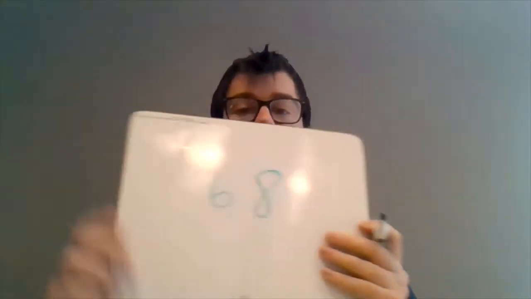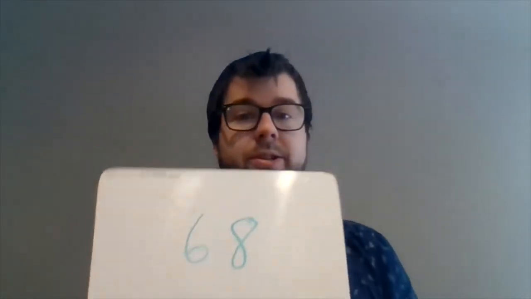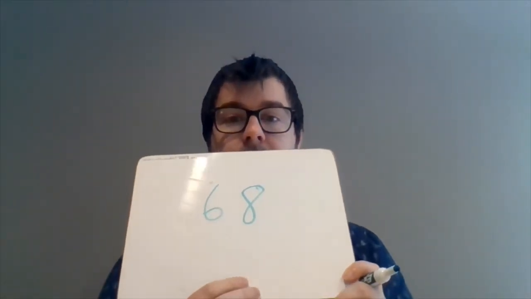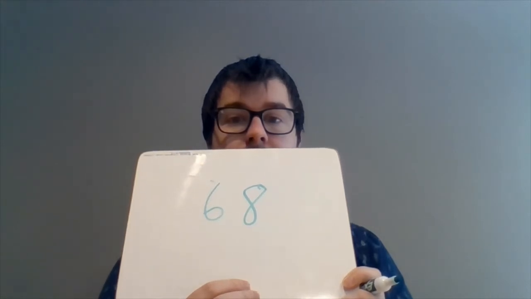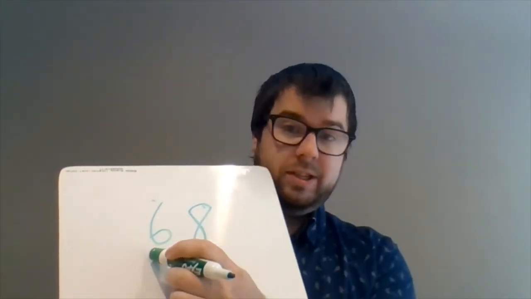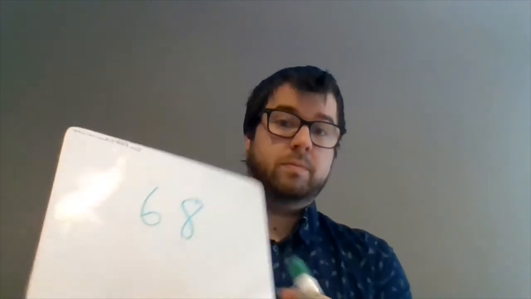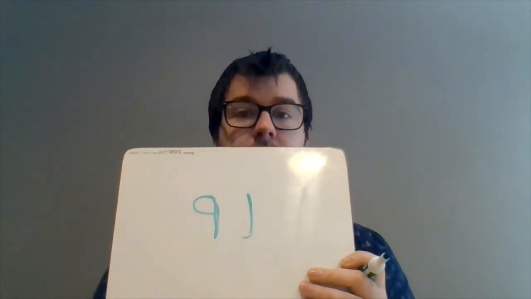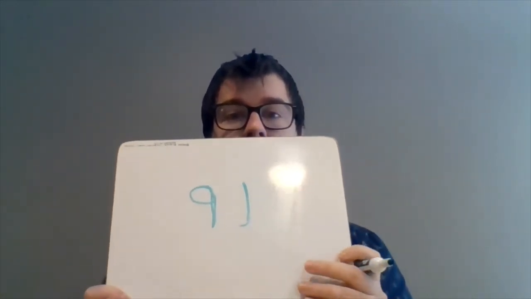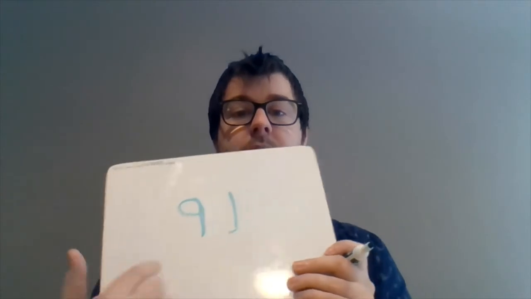So for this next part, I'm going to write a number on the board, and you're going to say how many tens and how many ones. So your first number, 68. How many tens? How many ones? So it's 6 tens, 8 ones. How many tens? How many ones? 9 tens, 1 one.